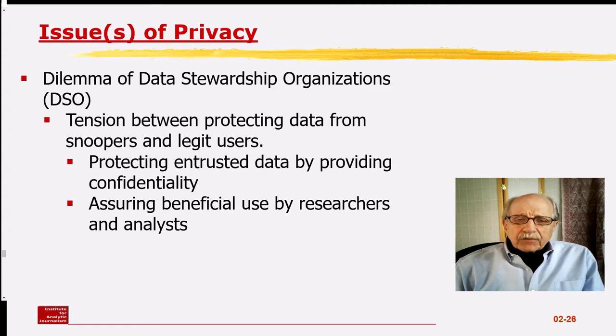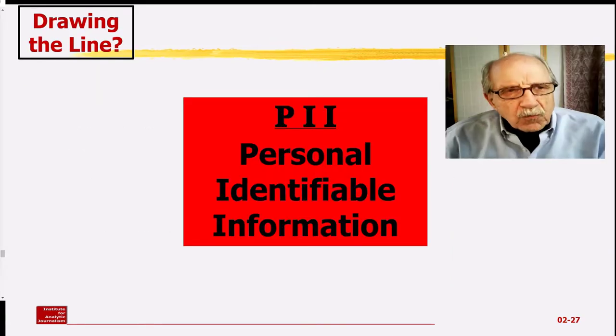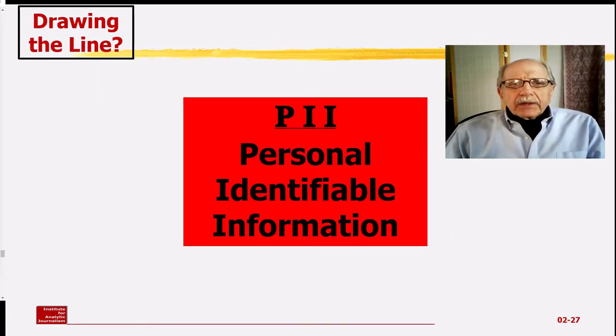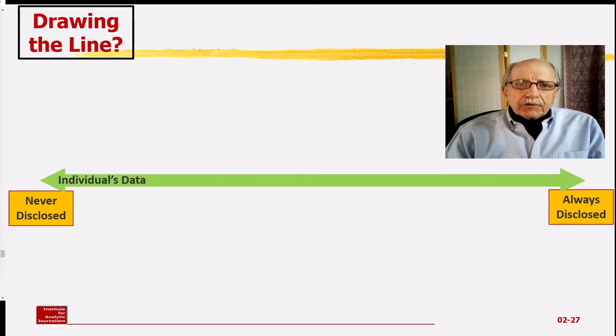One way to think about this is in terms of PII, personal identifiable information. We can visualize PII on a couple different axes. First, consider your personal, sometimes very personal data. Surely there are some things about you that you want to be public to varying degrees, depending on who's asking.